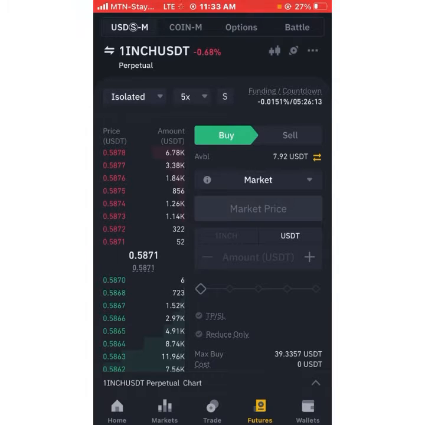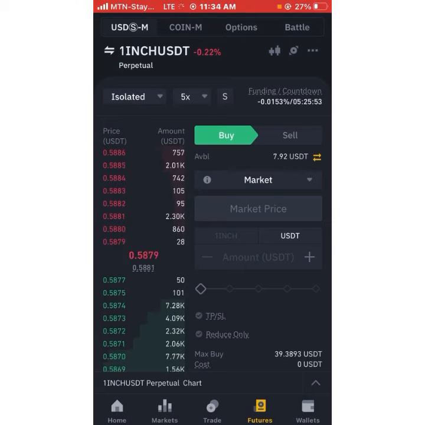Below it, there's a coin pair. The coin pair here is 1INCH versus USD, and right now it's at minus 0.7. It keeps dropping or going high like that.